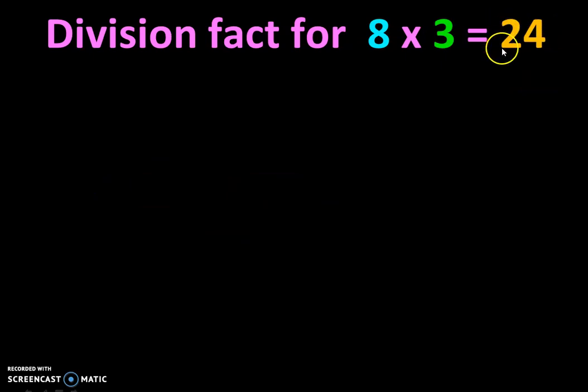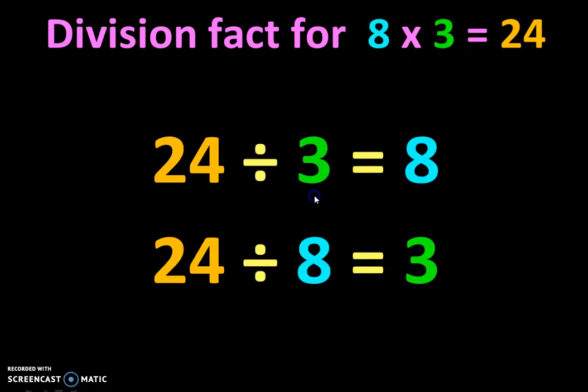So always we will take the bigger number, and this 24 is divided by 3, you get the answer 8, and this 24 is divided by 8, you get 3. That is our answer. Okay, that is our division fact.